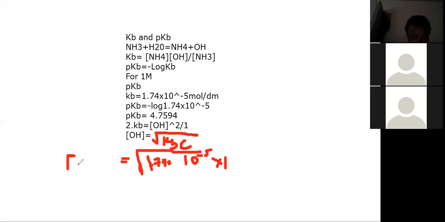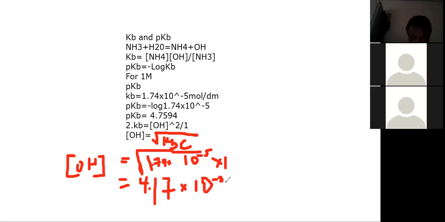Is it 4.17 times 10 raised to the power -3? So we are getting 4.17 times 10 to the power -3 mole per dm cube. So that's what we are going to get.